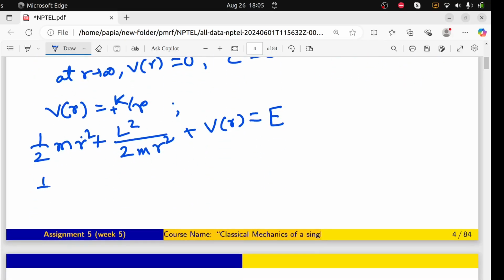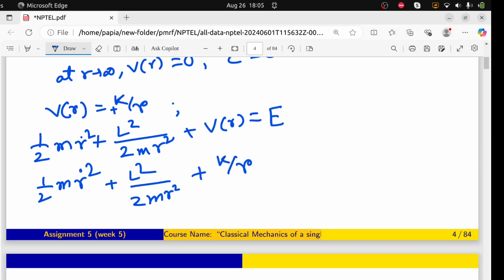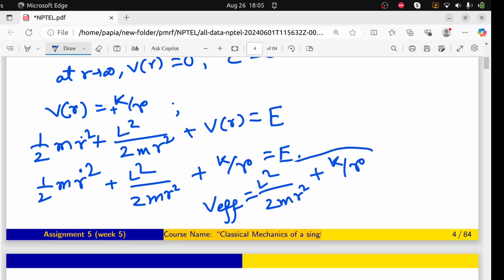So I can write half m r dot square plus L square by 2m r square plus K by r equals E. Now in this case, in the repulsive inverse square force field, we have V effective as L square by 2m r square plus K by r. Okay, this is my V effective.